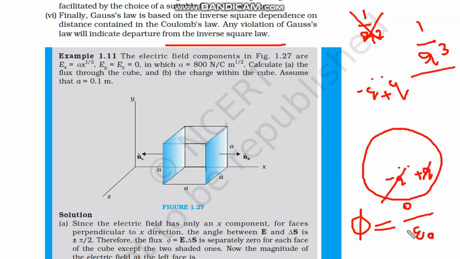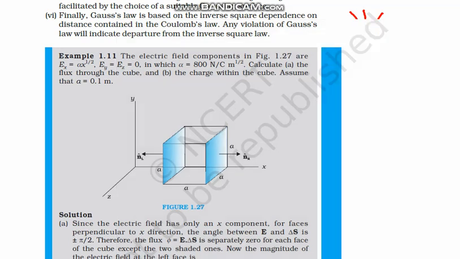So again, Gauss law cannot be applied for a dipole. Why? Because it shows a departure from the inverse square law, as well as total charge enclosed is always 0. So hence there will be no net flux because of this dipole.